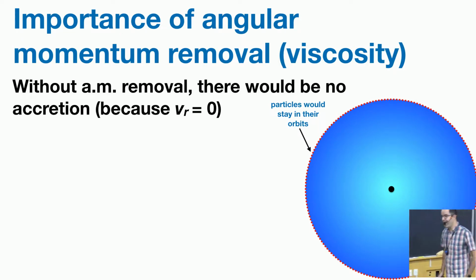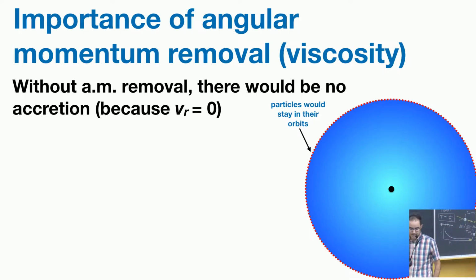If there is no process that will remove the angular momentum of this orbit, the particle will never fall. It will never drift towards the central object, okay? Particles will forever stay in their orbits, and the radial velocity will be zero.